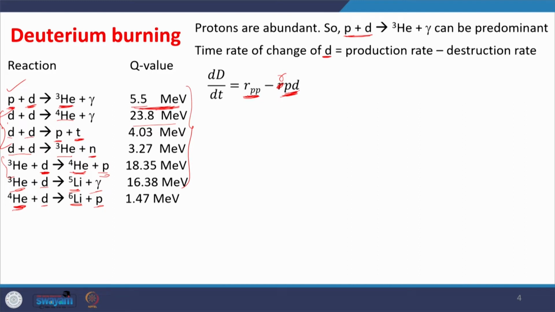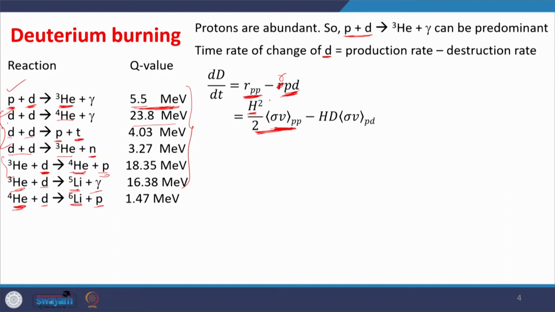Production rate is because of proton plus proton. Now, this one can write in terms of atoms as hydrogen squared, because identicalness is there, and this is the expression for total reaction rate in terms of reaction rate per particle pair, and you know the relation between reaction rate per particle pair and total reaction rate in terms of number density.